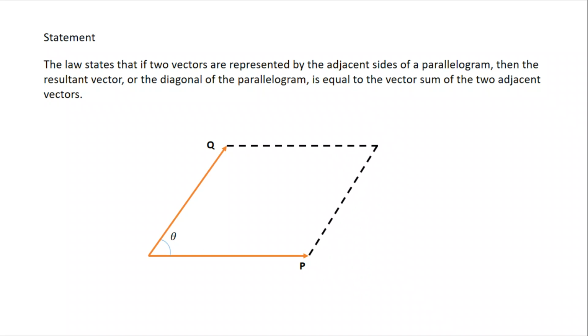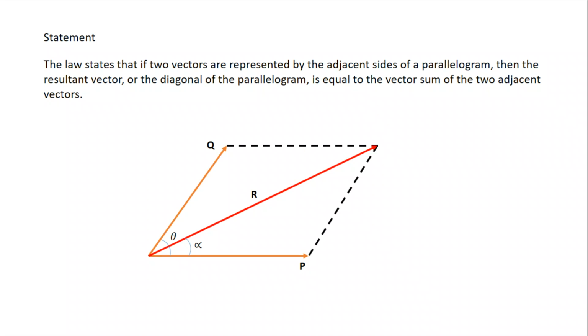You can see here with the help of these dotted lines. Then its diagonal is nothing but the resultant R, and its angle with the horizontal vector P is alpha. So this is the law of parallelogram.